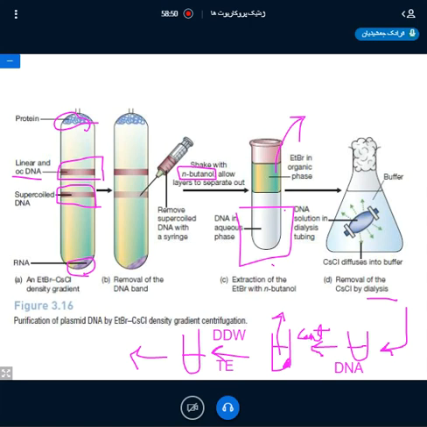We have two different instruments, for example, nanodrop and picodrop.